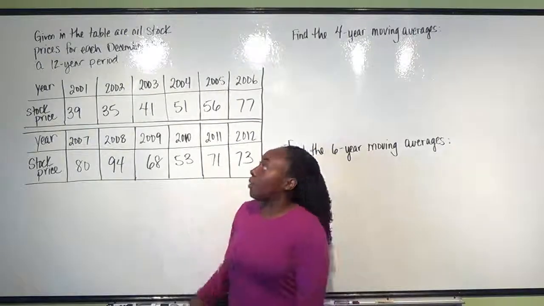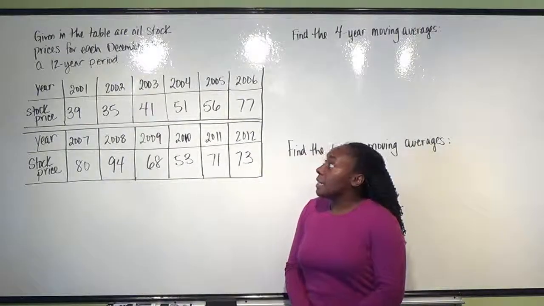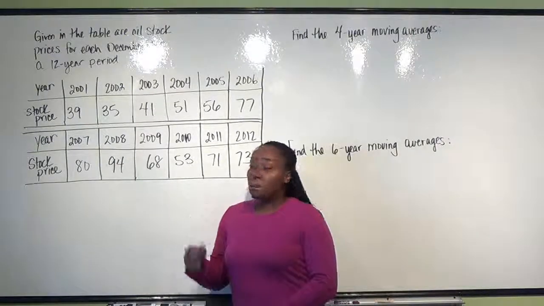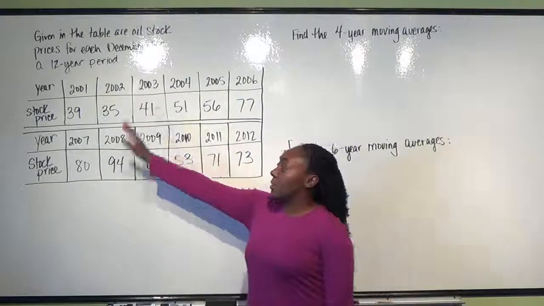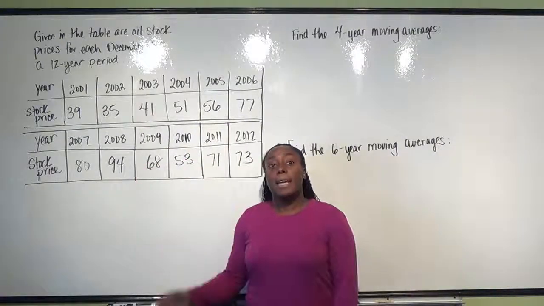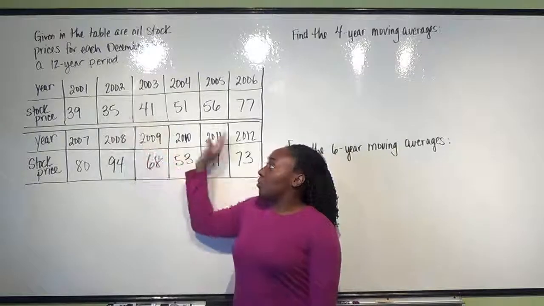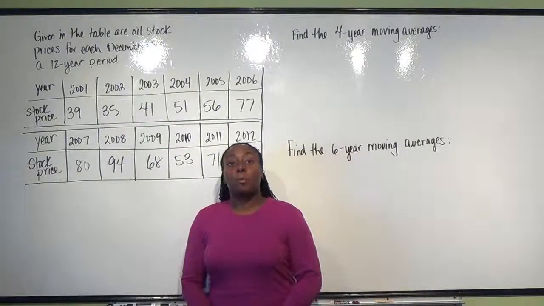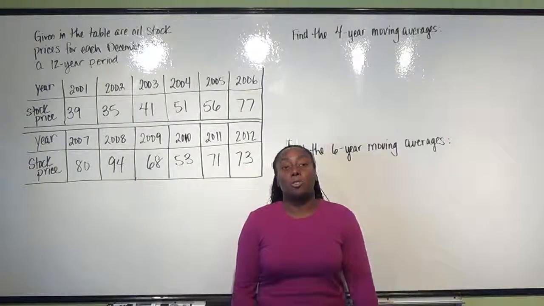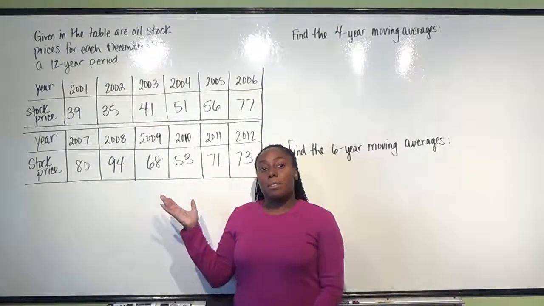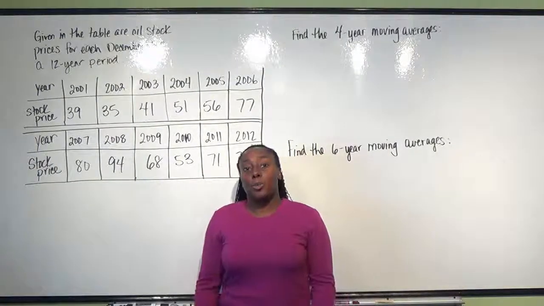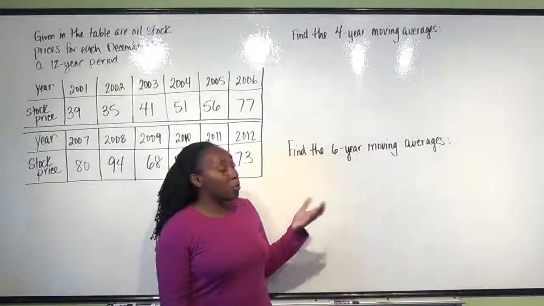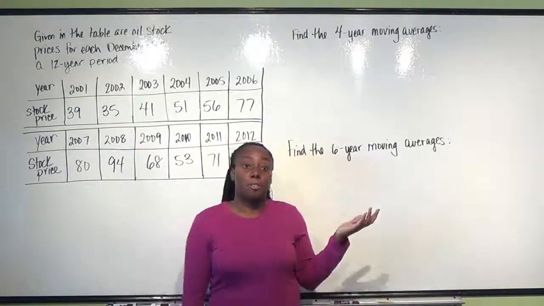So in this case, we are given the stock prices for oil each December of a 12-year period. And so it's given to us in a table format, and it has each of the years broken out and, of course, their corresponding stock prices. And what we want to do is find the n-unit moving averages. For this type of problem, you're going to be asked to do one thing, and that is to find the n-unit moving average. Okay?